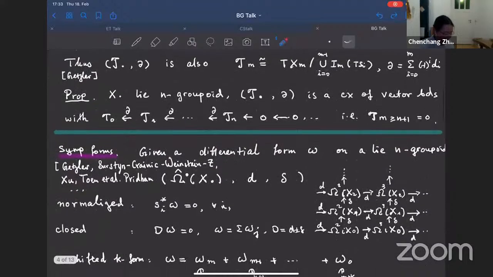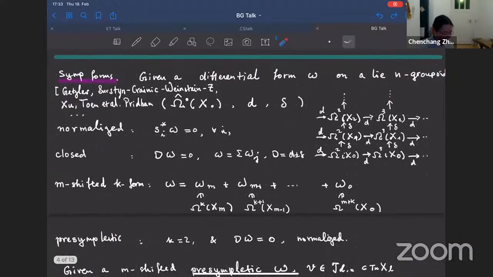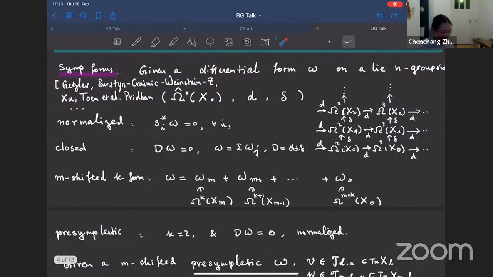Okay. So then the next concept we need is this symplectic form. Let's begin with a differential form on a Lie n-groupoid. And we take this double complex, right? So that's this delta and d that we were talking about before.